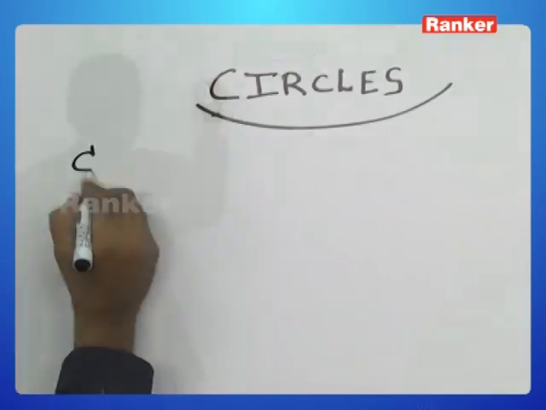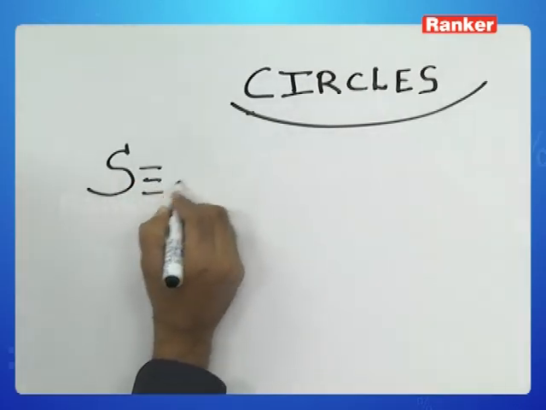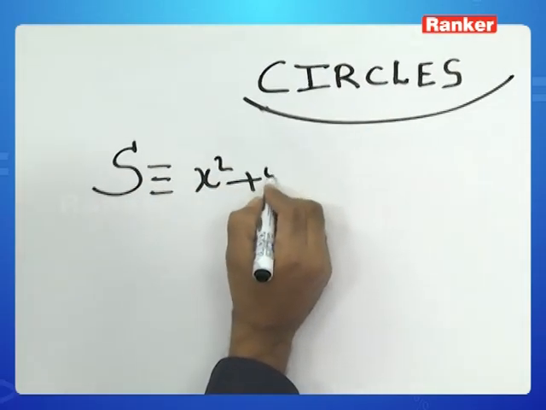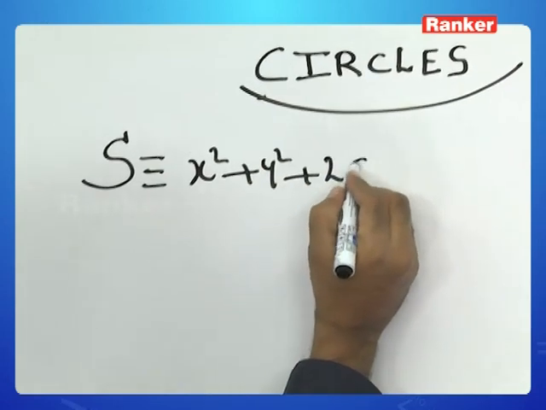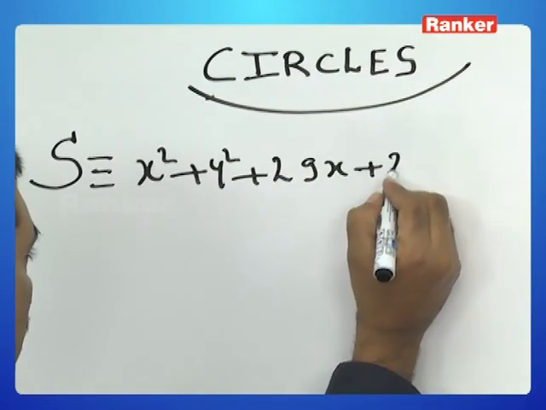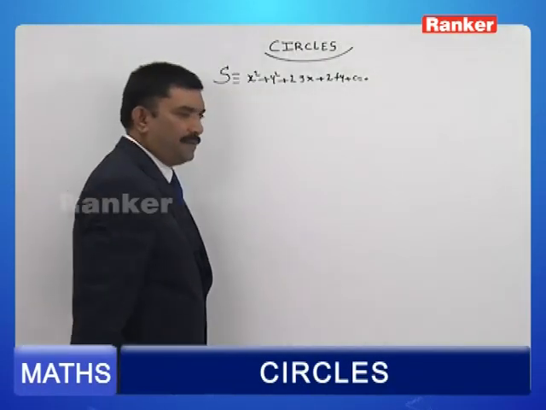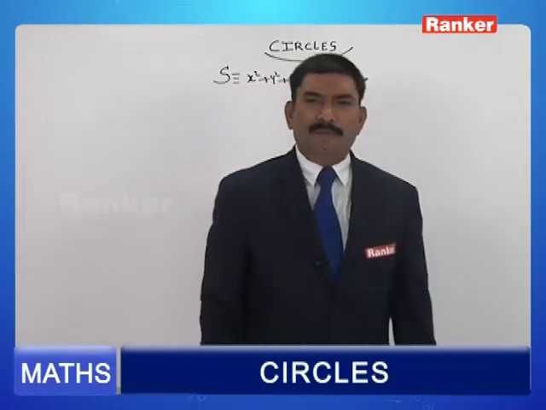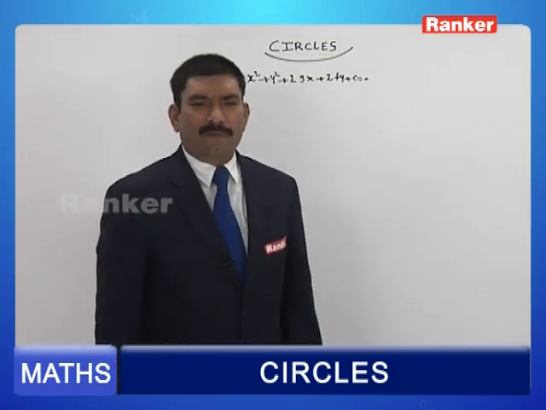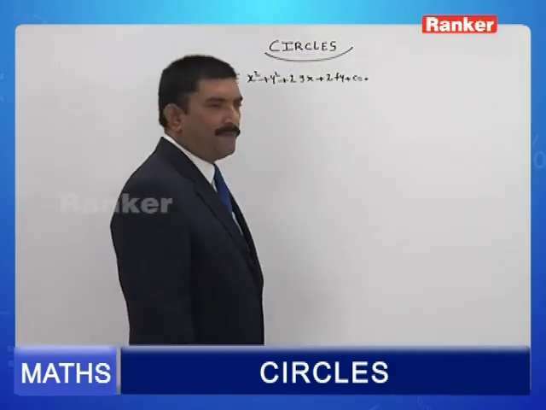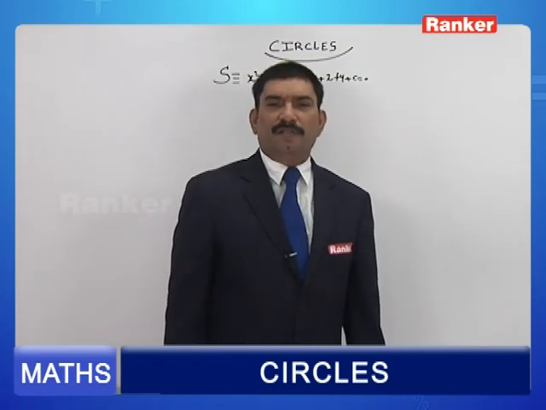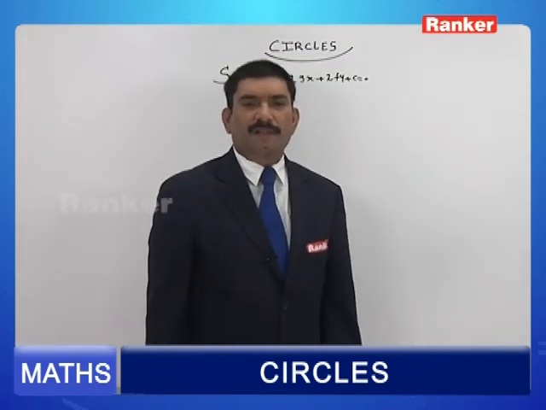Yes, S is equal to... hereafter, instead of writing a big equation, x square plus y square plus 2gx plus 2fy plus c is equal to 0 in a general form, you can write it in a short form S. So hereafter S = 0 represents a circle.